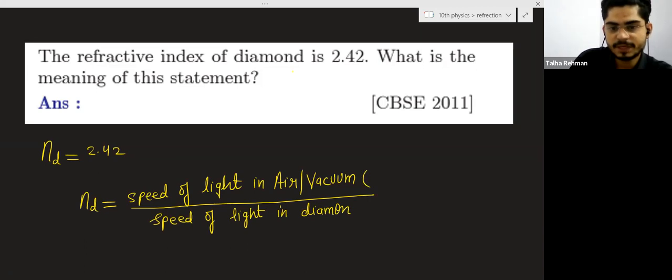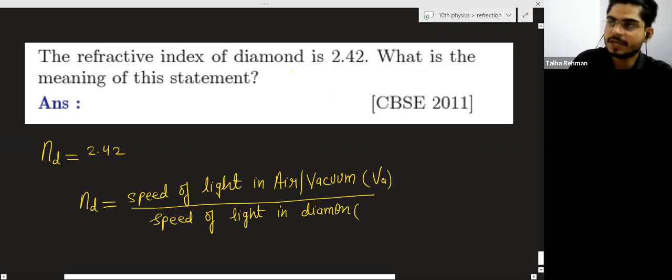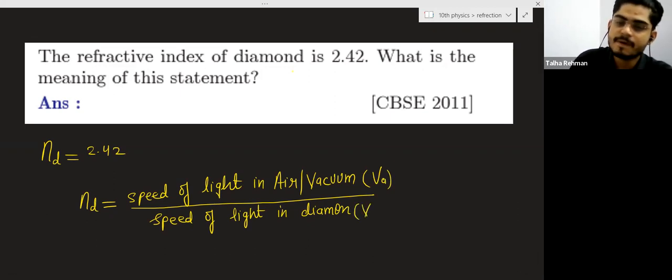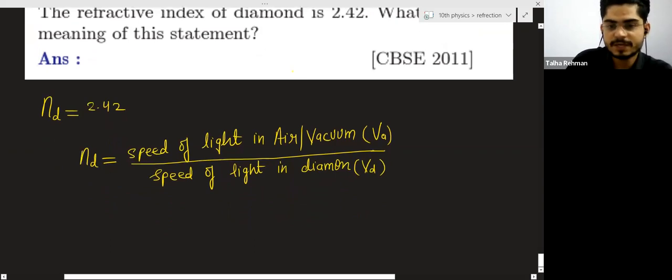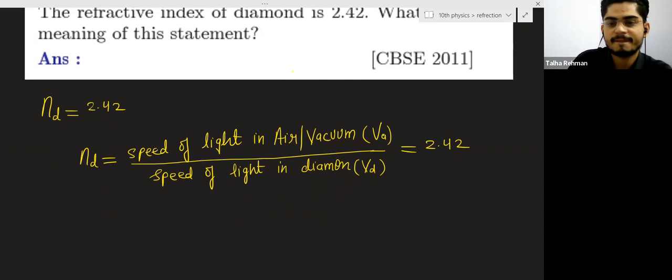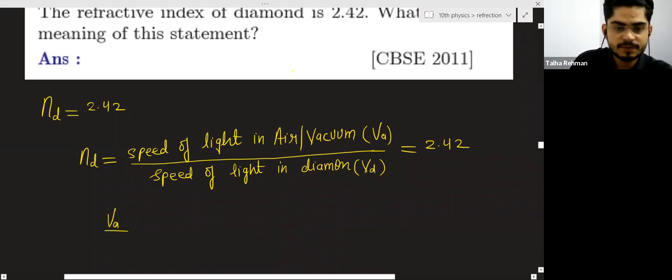So I am representing speed of light in air as VA, and speed of light in diamond as VD. So this is given as 2.42. So VA divided by VD is equal to 2.42.